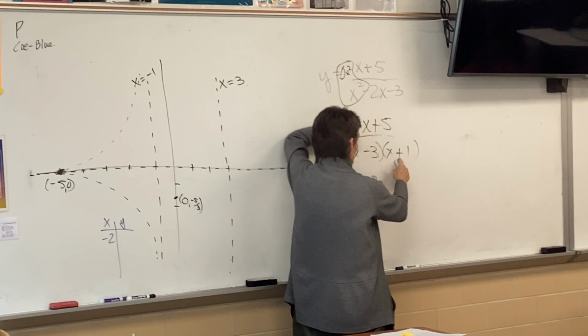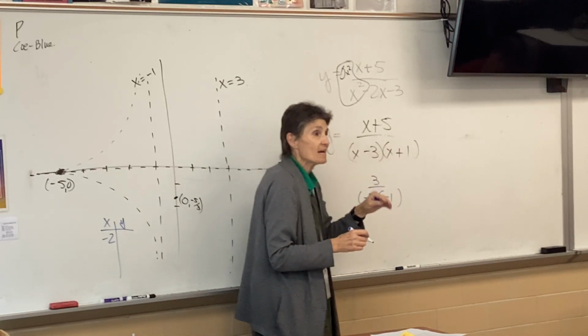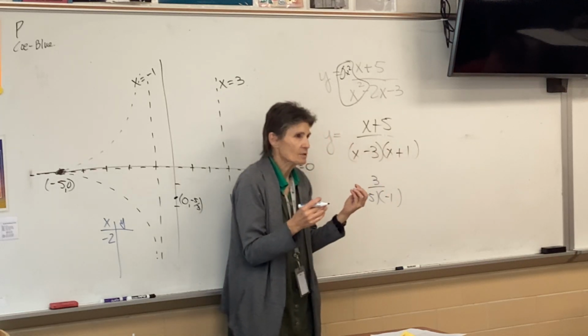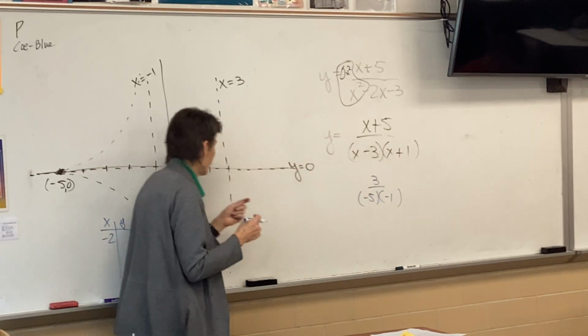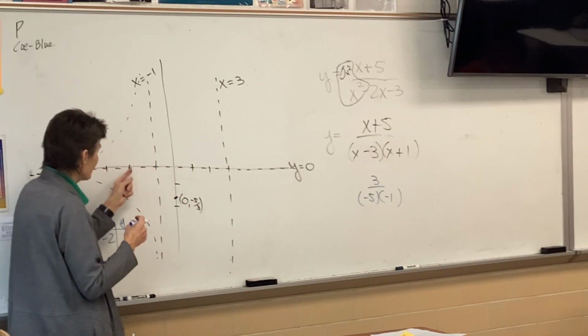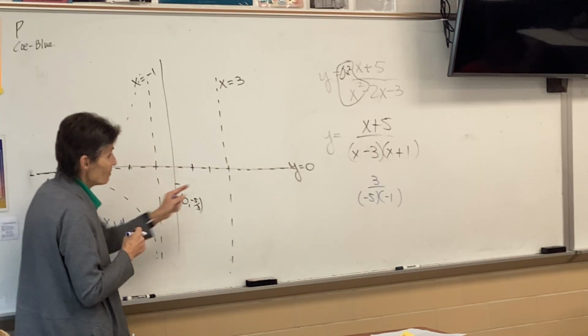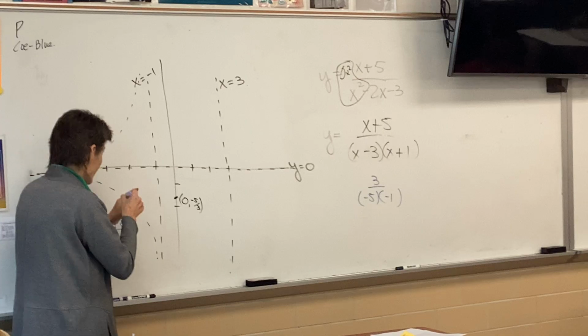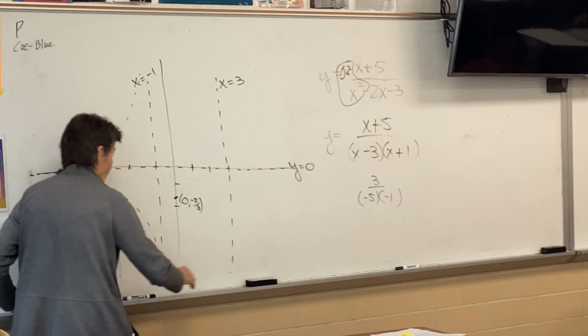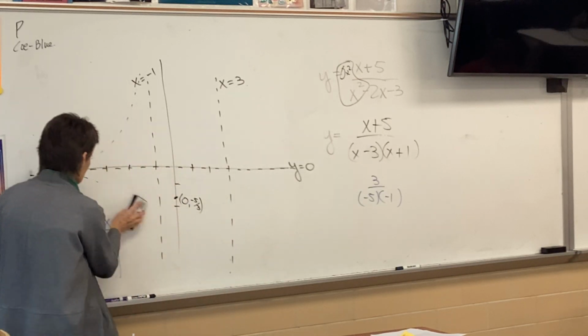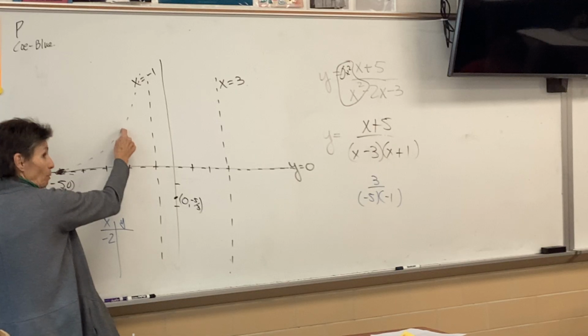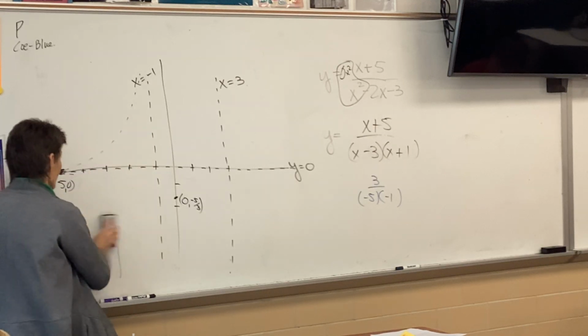And -2 plus 1. Now, I don't even care what it equals. I just want to know, is it positive or negative? Positive. That number is positive, which means we are purple, because this is a positive point right here. So we are purple.